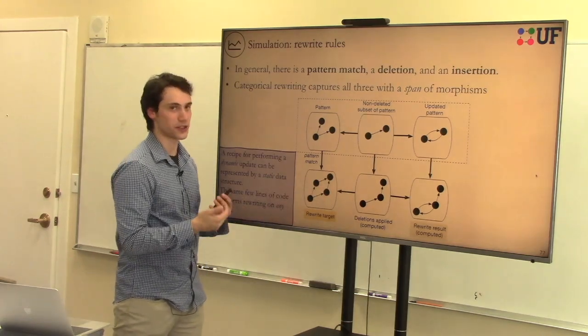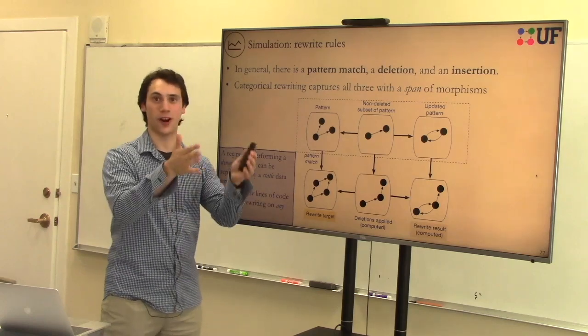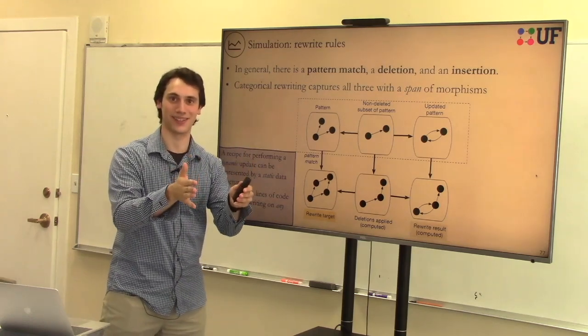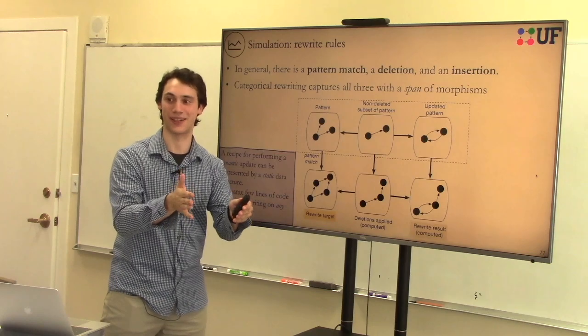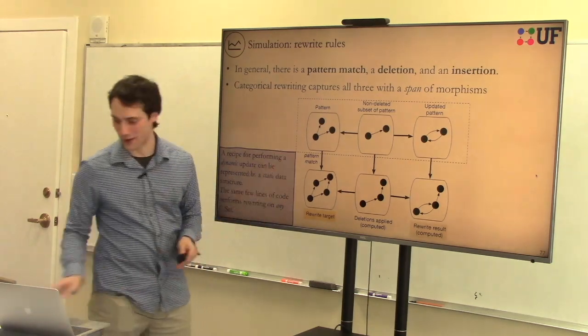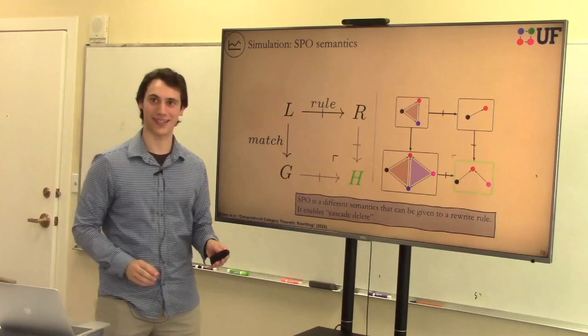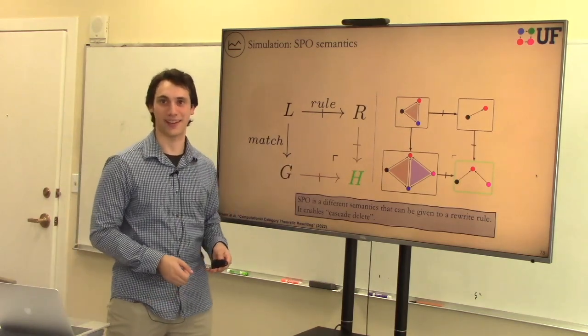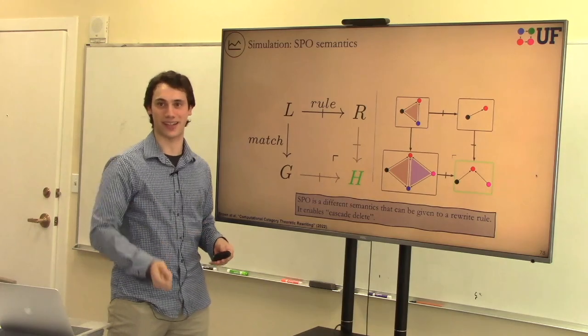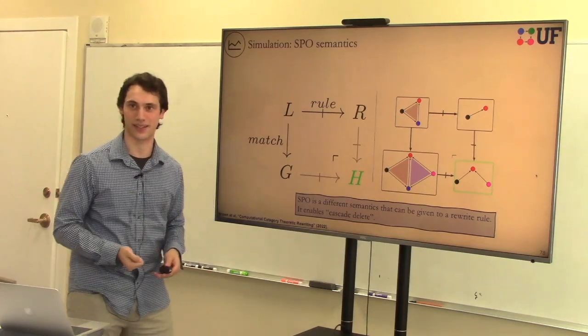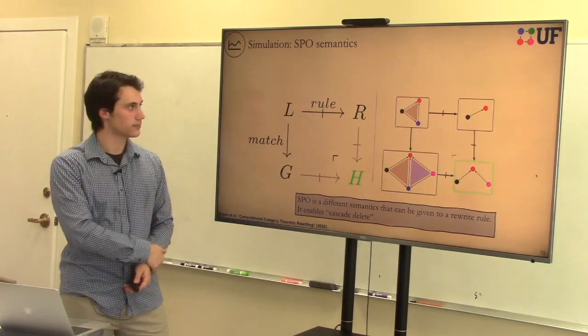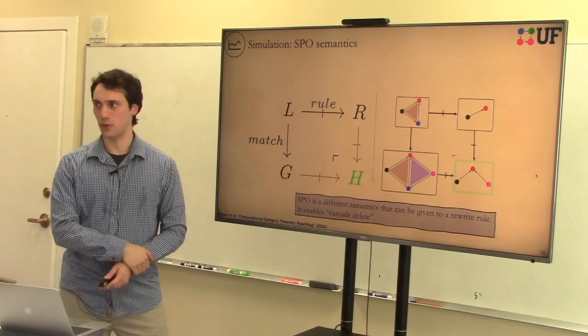So essentially, DPO has you on guardrails and says you can't delete things if you're not going to explicitly tell me you're deleting them. Whereas single pushout is more Wild West and says, okay, try to delete that, but I'm going to delete everything else I need to make it a valid instance. Yeah, thank you. Cool.